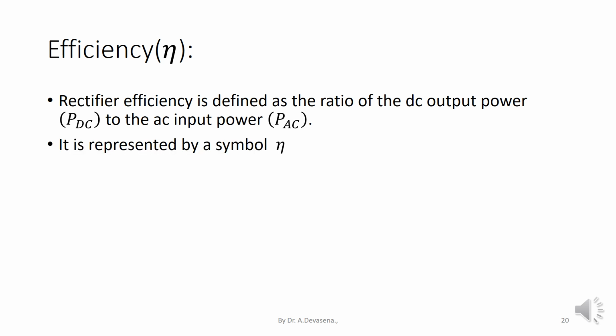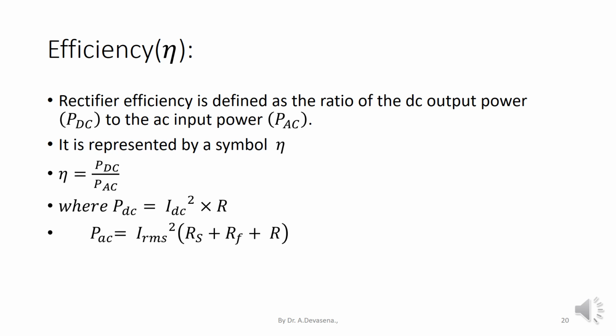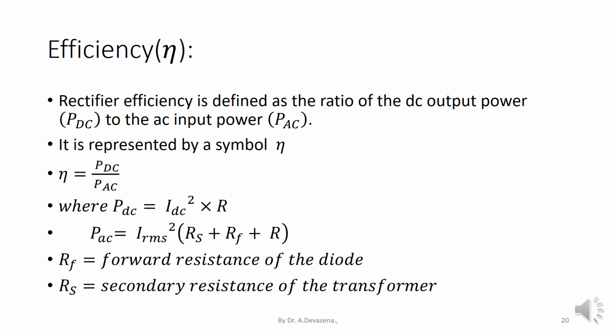That is, eta is equal to P suffix DC divided by P suffix AC, where P suffix DC is equal to IDC square into R and P suffix AC is equal to Irms square into RS plus RF plus R, where RF is the forward resistance of the diode and RS is the secondary resistance of the transformer.